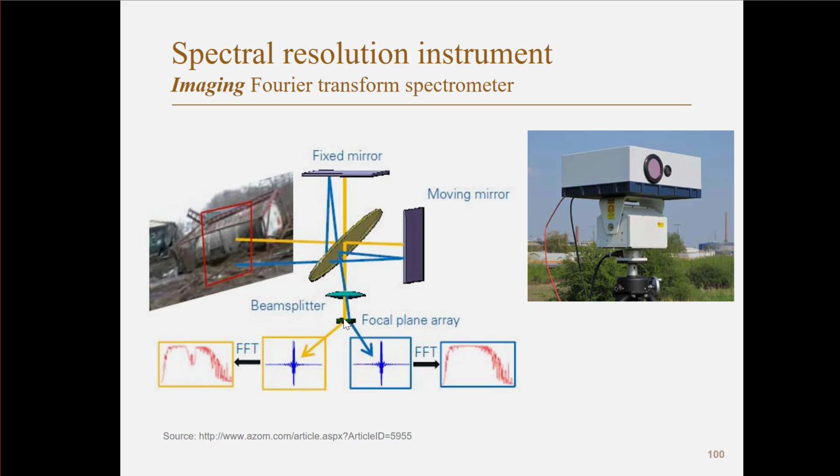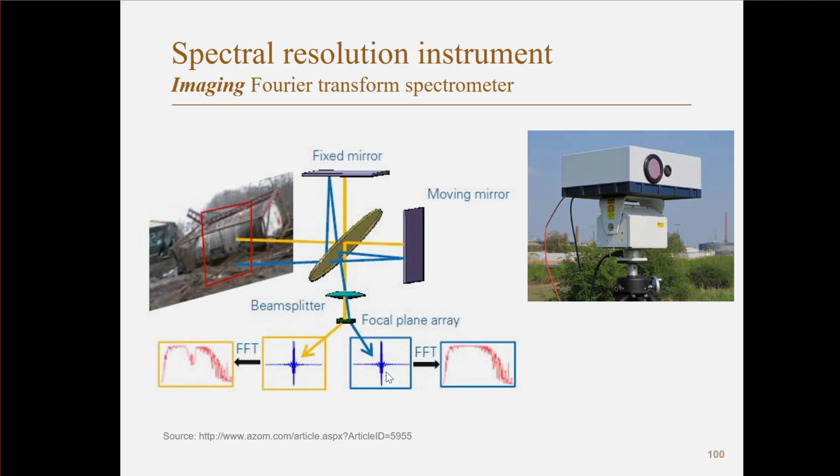Then you quickly store all the images from this camera, and in each pixel you will get one of these traces. And then you can Fourier transform all of these pixels separately, and that means that you get a full spectrum in each pixel of your image.